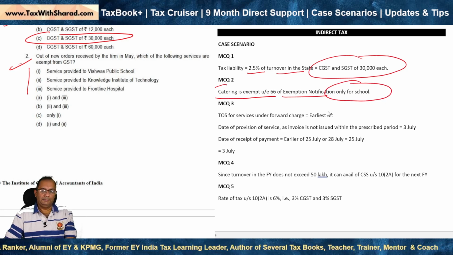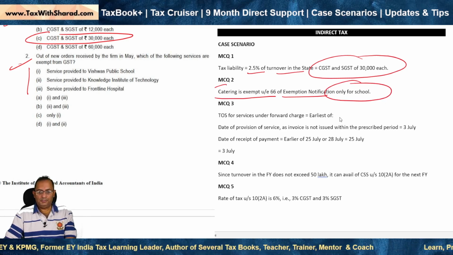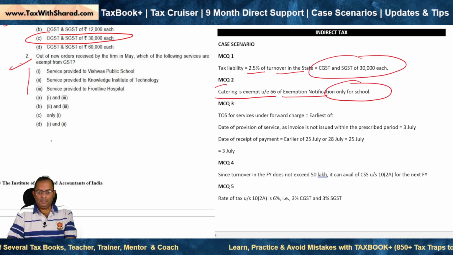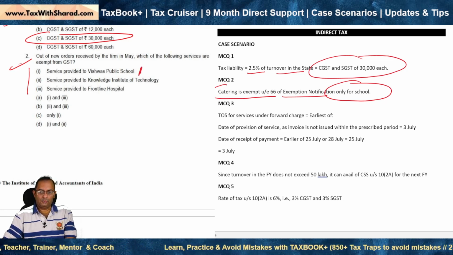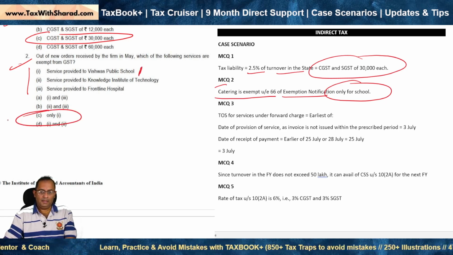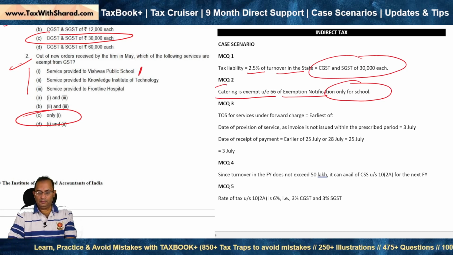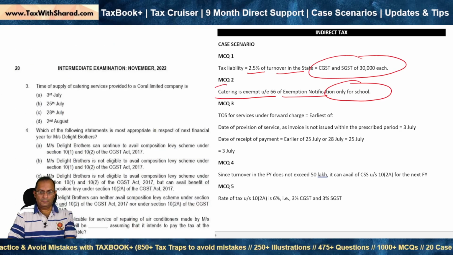It's not exempt for any other educational institution, and also not exempt in the case of a hospital. So in our case, it will be only school, that means only I. So this will be the answer.